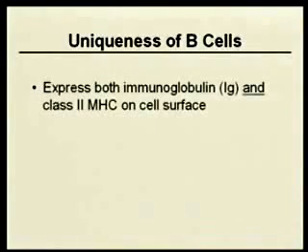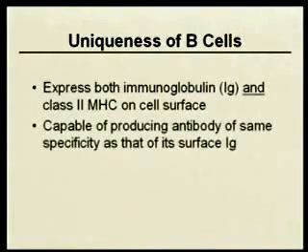B cells are a very unique cell in that they express both immunoglobulin receptors and class 2 MHC molecules. They're capable of producing antibodies with the same specificity as what's found on their surface IG.